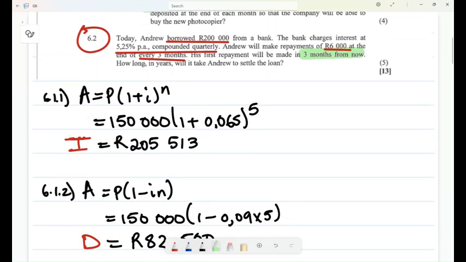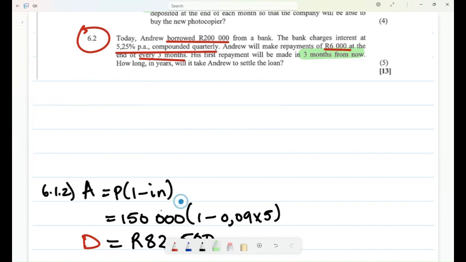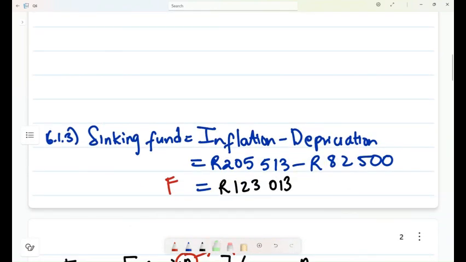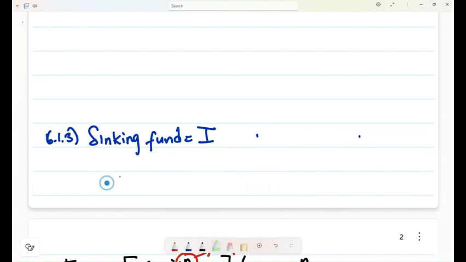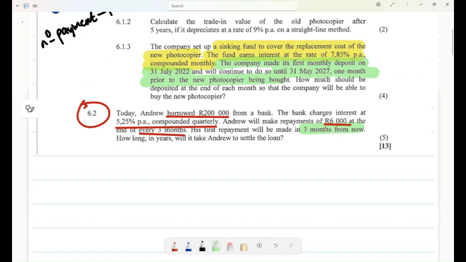How long in years will it take Andrew to settle the loan? Let's quickly do this together and see. This one should be fairly, I do not want to say easy, but it should be fair. Now, why am I saying that? Because when you borrow something, it is a loan.